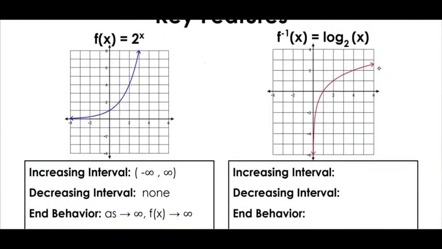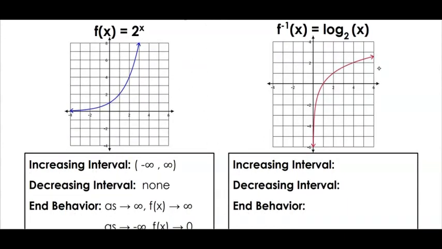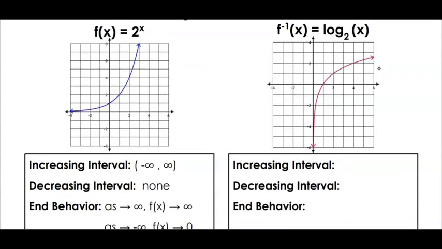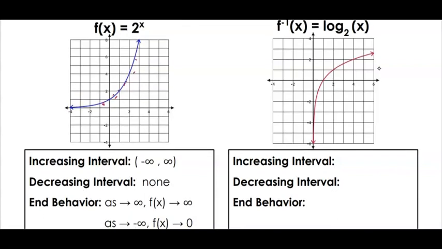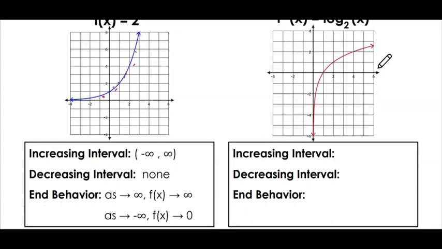All right, so other key features are where it increases and decreases. So if you notice in the original function, it increases from negative infinity to positive infinity. It never decreases because it's always going up. As you go from left to right, each point is higher than the last. My end behavior is as the function goes to positive infinity, the curve approaches positive infinity, and it does.